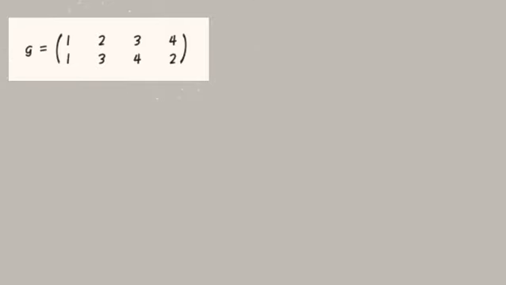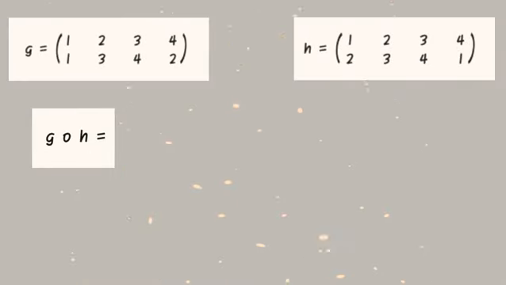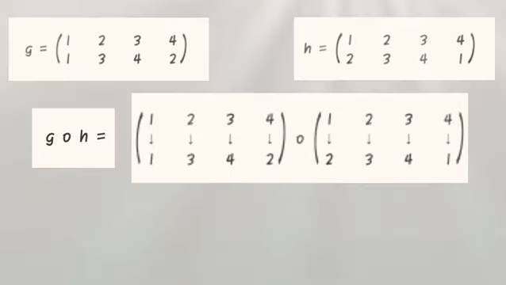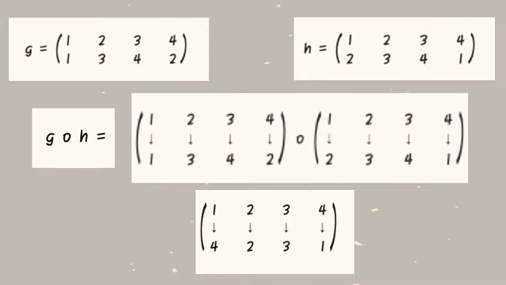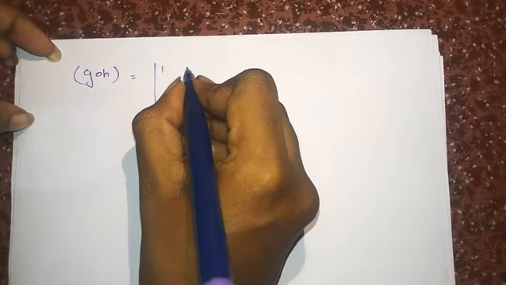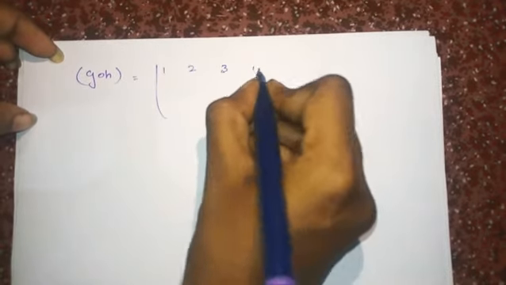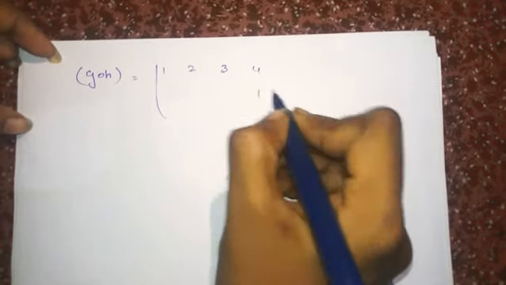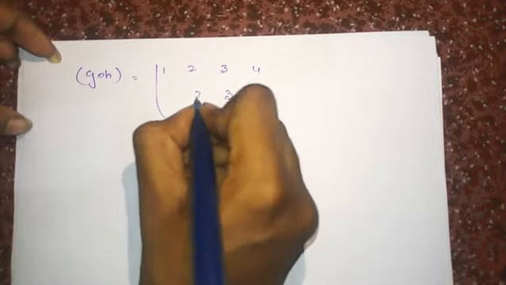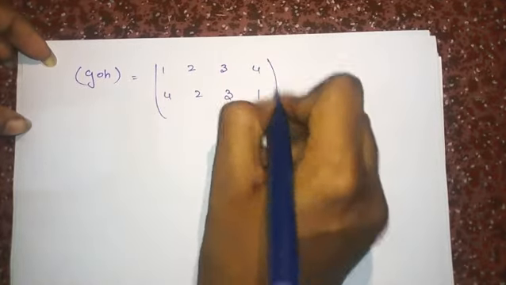First we will compute G composition H. This is equal to 1, 2, 3, 4, and 4 is mapped to 1, 3 is mapped to 3 itself, 2 is mapped to 2, and 1 is mapped to 4.